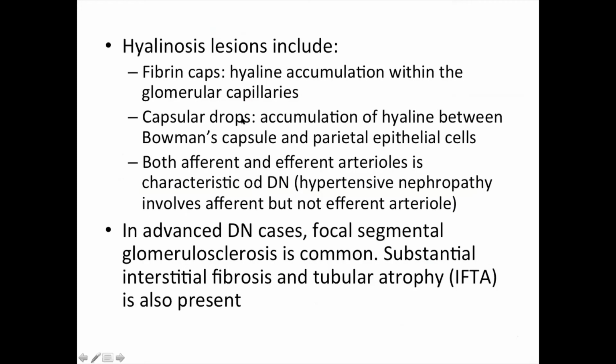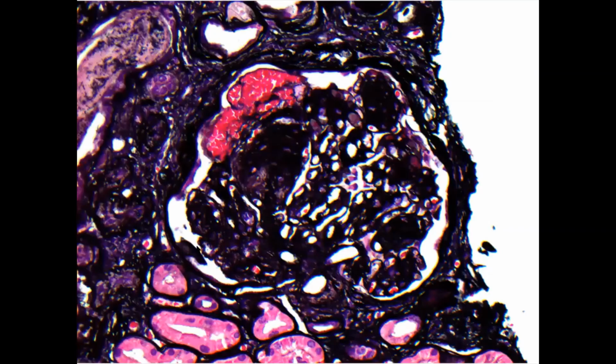For hyalinosis, we either have fibrin caps, which is hyaline accumulation within the glomerular capillaries, as if the glomerular capillary has a cap on it, or we have a capsular drop, which is a drop coming from Bowman's capsule and the parietal epithelial cells, as if falling onto the glomerulus. This is a capsular drop, okay?